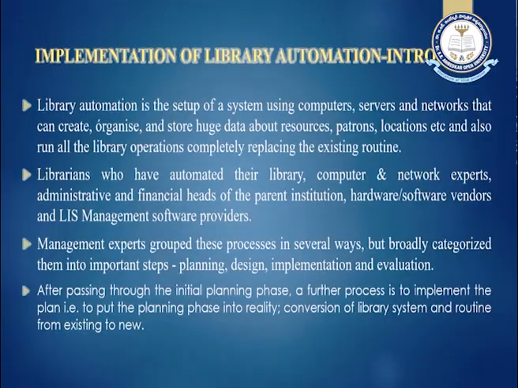We should take the opinion of the librarians who have automated their libraries, computer and network experts, administrative and financial heads of the parent institution, hardware and software vendors and LIS management software providers. Management experts have grouped the work into several categories, out of which the important ones are planning, design, implementation and evaluation.